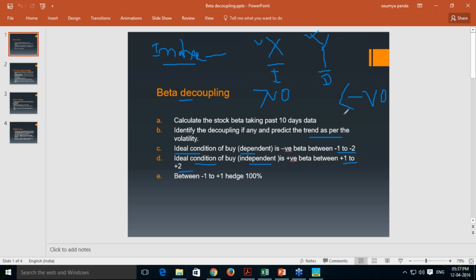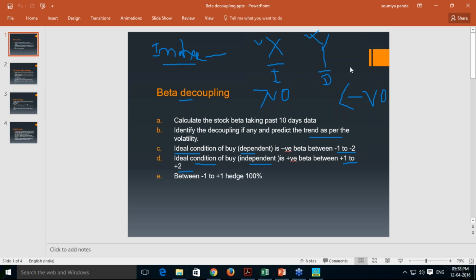Irrespective of its volatility parameter, the index will always dominate the individual stock. Hence, the index will always be independent and the stock inside it will always be dependent. This is the principle of beta decoupling.